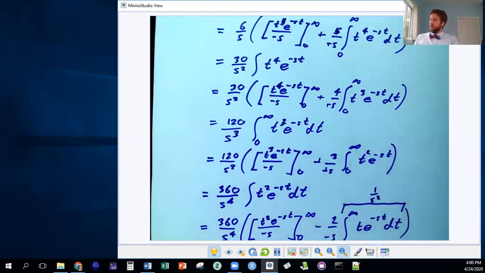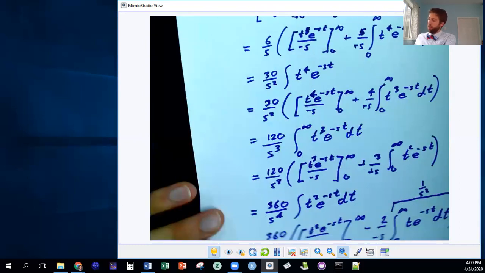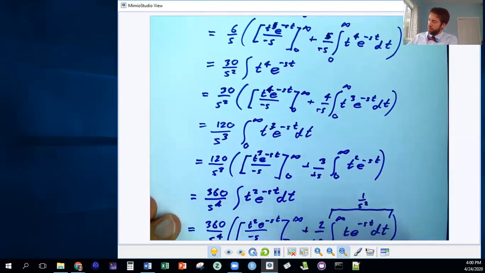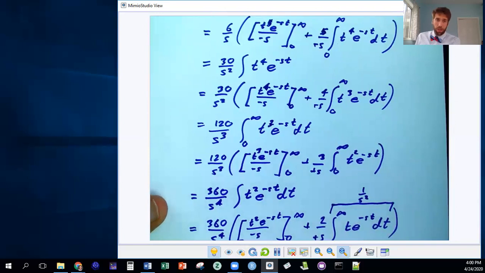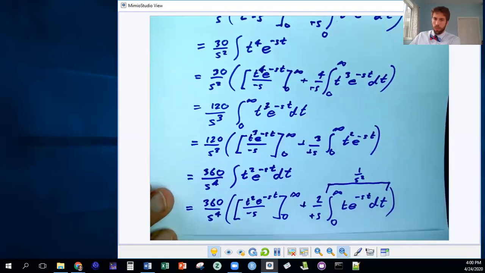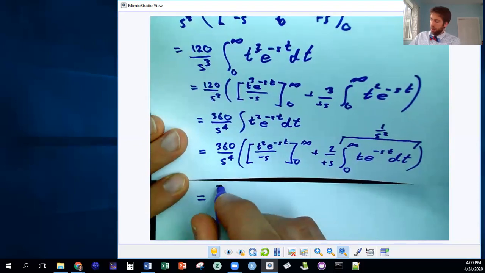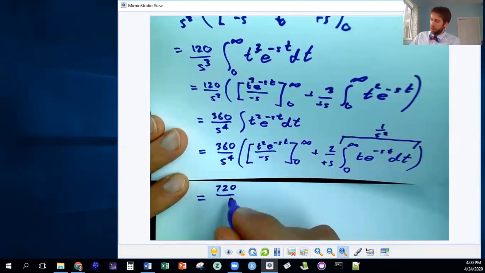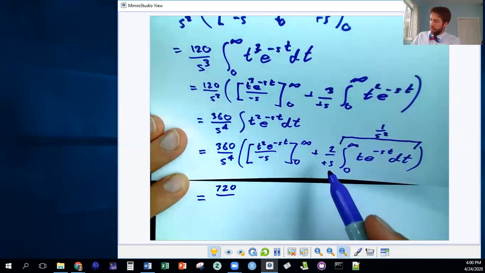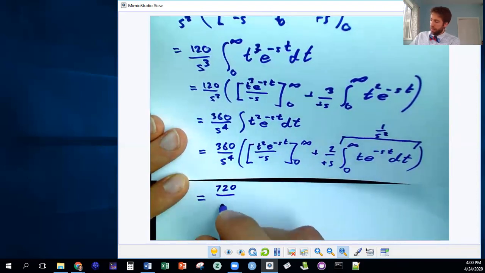Okay, so then our final term is, negative and negative is a positive. 360 times 2 is 720. 720 over, so I've got s to the fourth, s, so it's s to the fifth, s to the seventh.